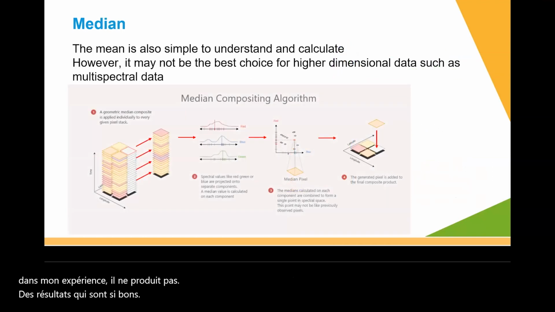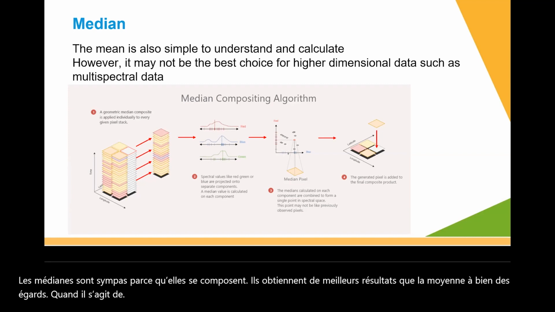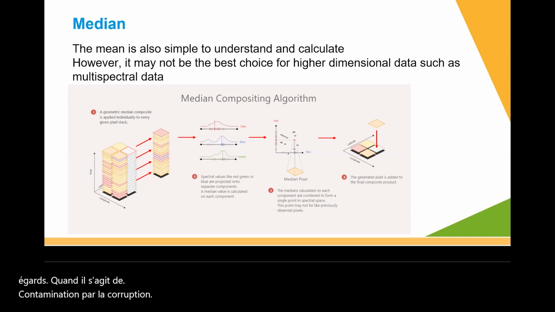So perhaps we want to reach for another easy statistic, the median. Medians are nice because they perform better than the mean in many respects when it comes to corruption, contamination, and the skew.